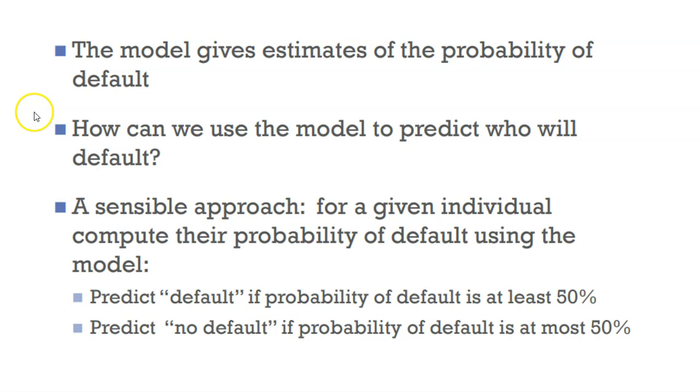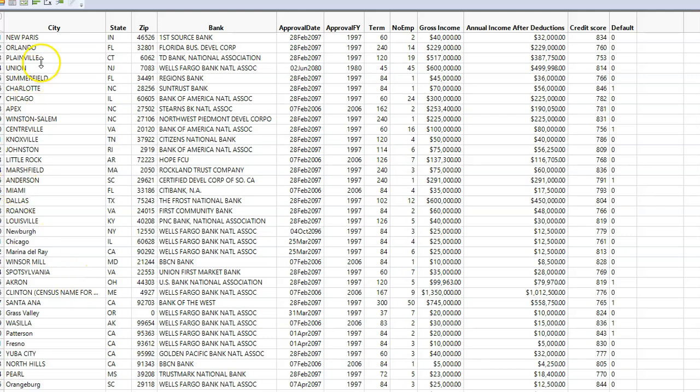Now let's work on JMP data. So this is our data. It's bankloan.jmp, and you can find this on Canvas under your files and data folder, and just open it.